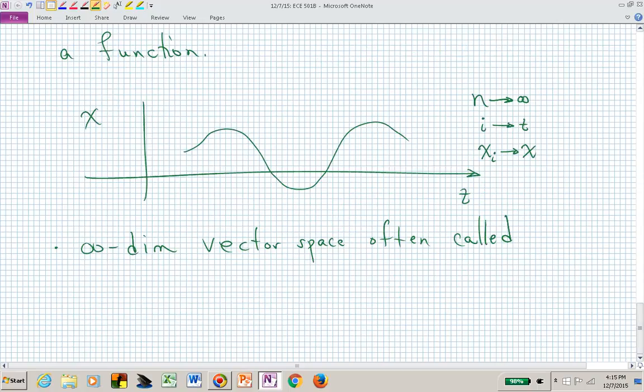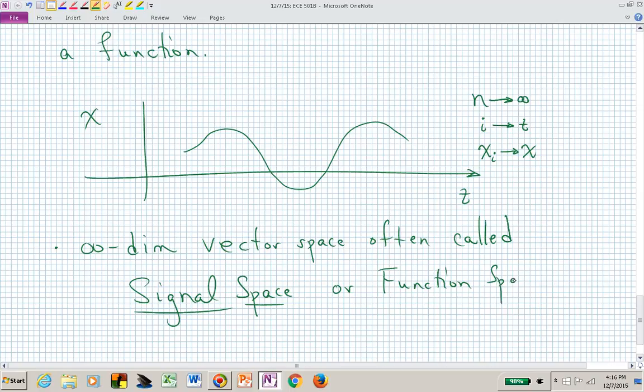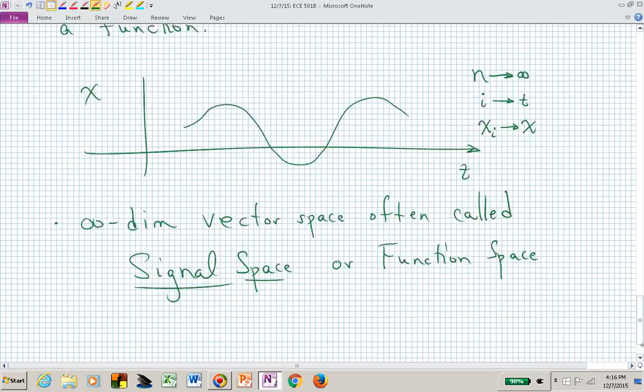An infinite dimensional vector space is often called a signal space, or a function space. And that's one way of starting to see how we can transition from these finite vectors of coordinates into functions, and now we have an infinite dimensional vector space.